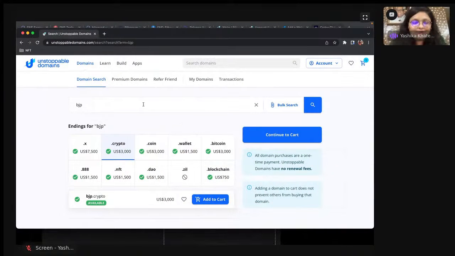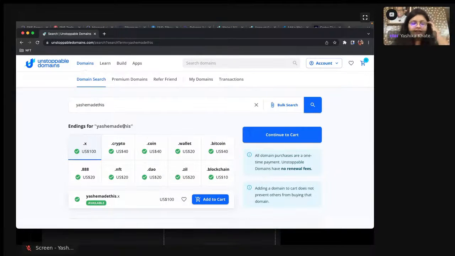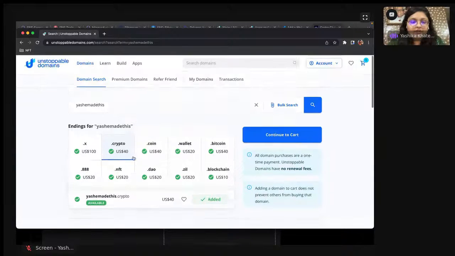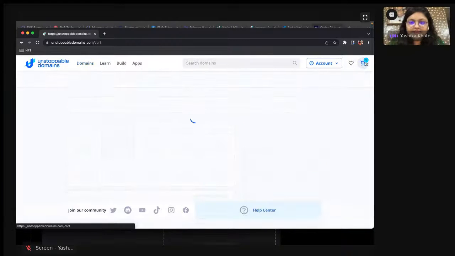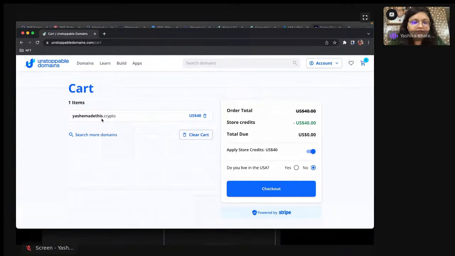And we go for "she made this." Okay, and "she made this .crypto" is what we will go for. I think I already have it. She made this .crypto, $40.